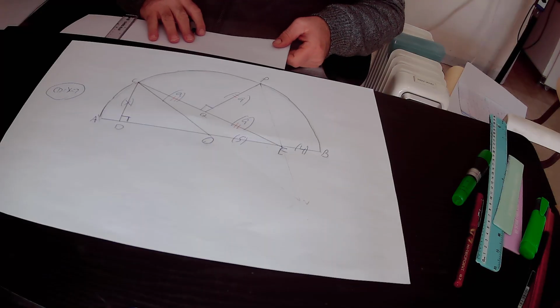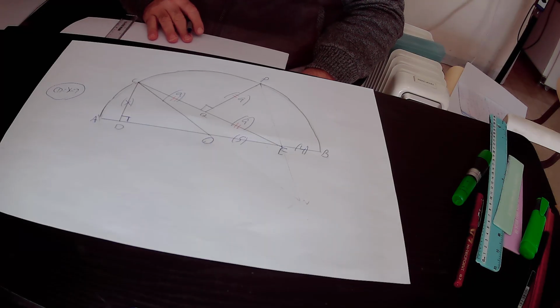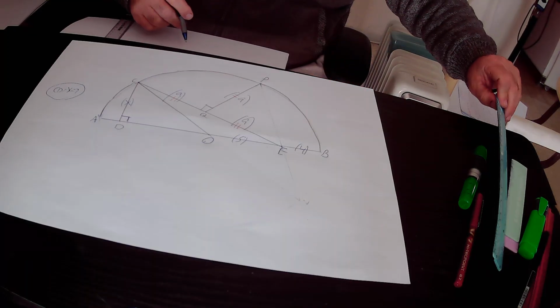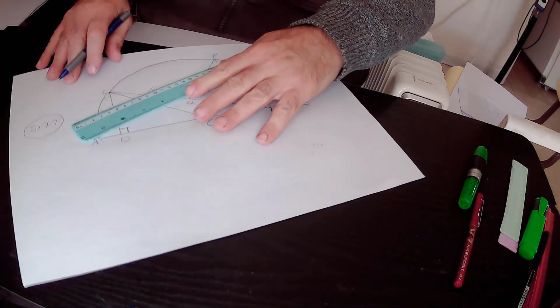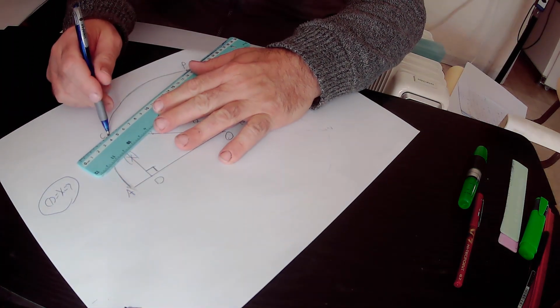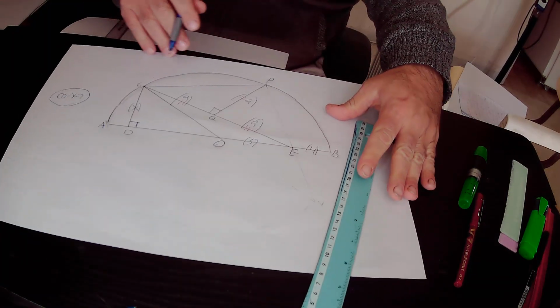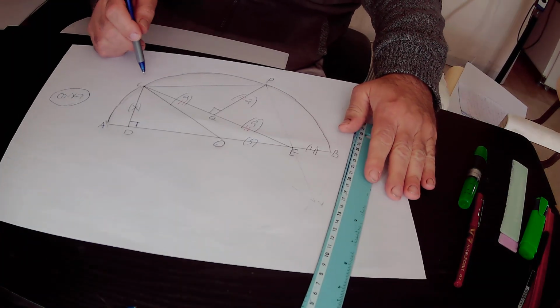In the next step, we will join point C and P together by a straight line. By joining point C and P, we create the right triangle CPQ.